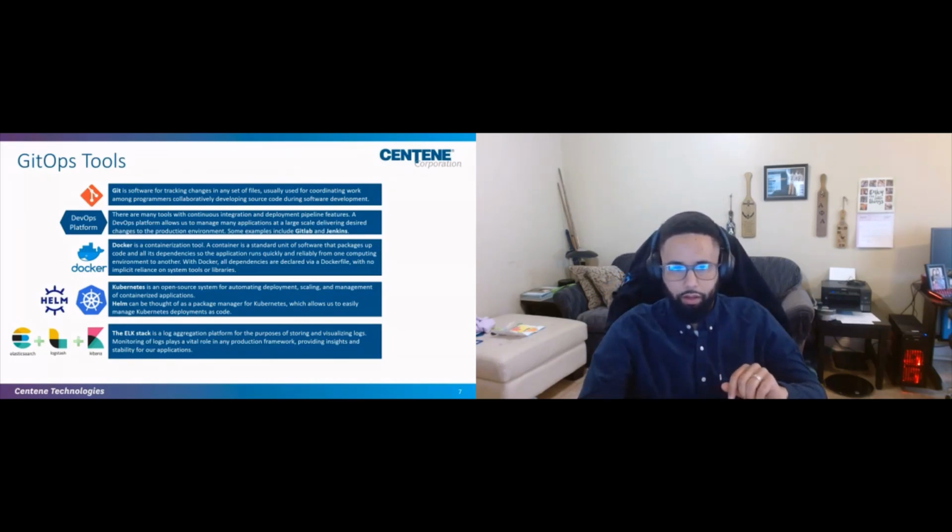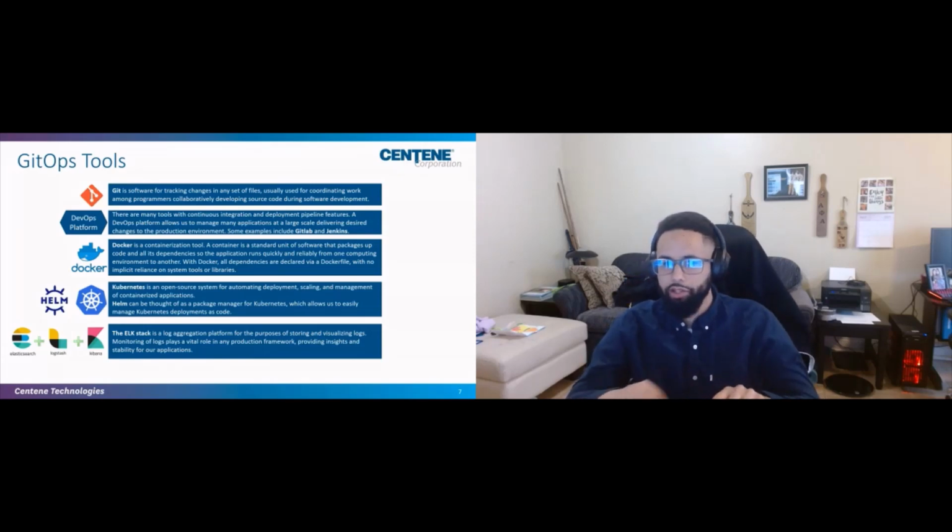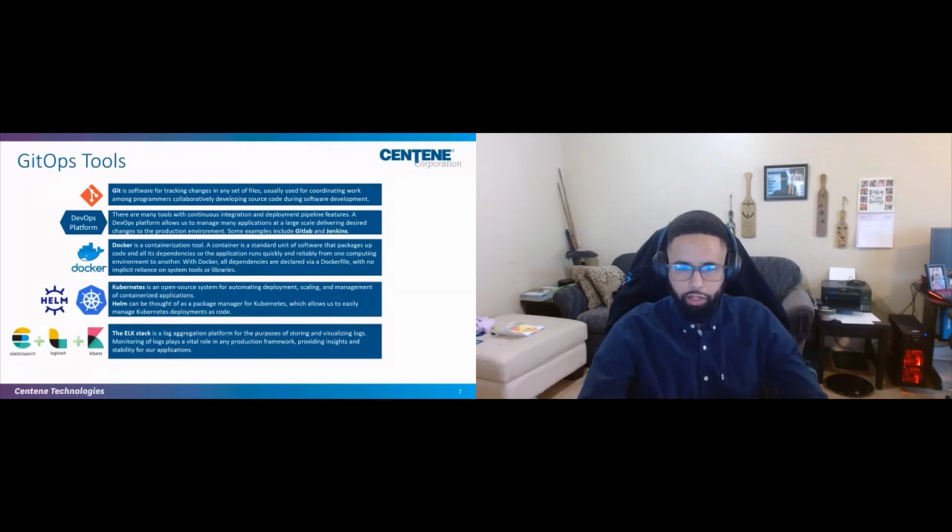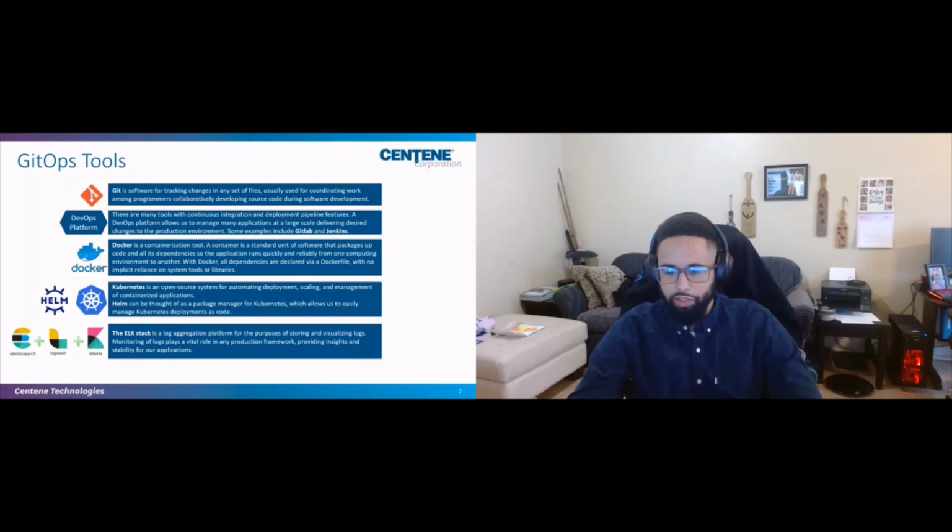And then our production applications actually run in Kubernetes. And that is an open source system for automating deployment, scaling, and management of all of your containerized applications. So anything we build in Docker can be deployed via Kubernetes. And then Helm is another layer that sits on top of Kubernetes that allows us to store all of our desired infrastructure as YAML scripts as well.